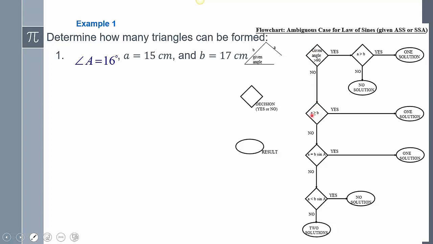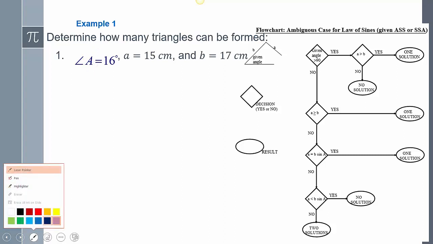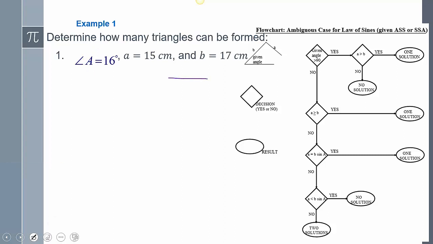Is my opposite side, that's A, bigger than adjacent side B? Since my given angle is A, let's draw the little triangle here. It'll help us out. So we have 16, 15, and 17. Is 15 bigger than 17? The answer is no. So we're down to here.